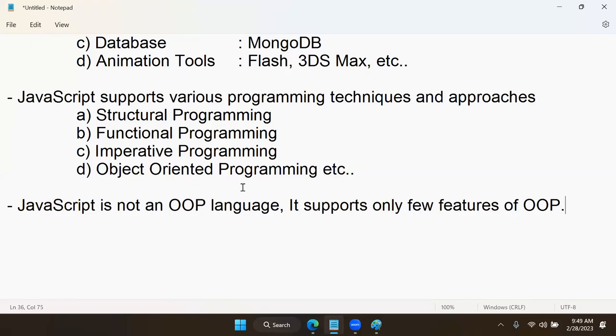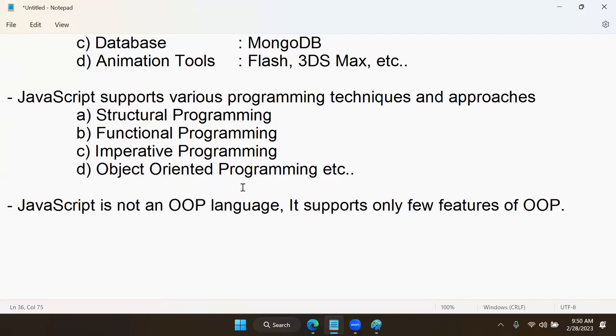It is not a complete OOP language, because a complete OOP language requires a lot of things which JavaScript doesn't have, and JavaScript doesn't support them. So JavaScript is not an OOP language, but it supports some features of OOPs.